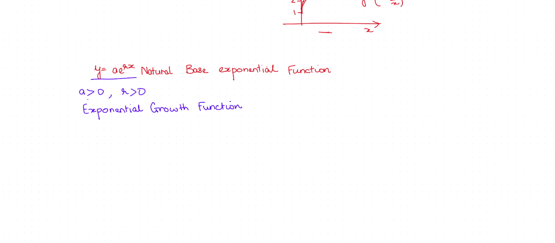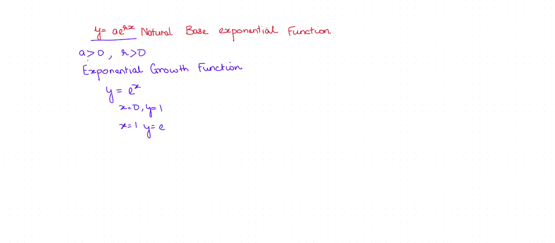Suppose we take a function where a is equal to 1 and r is equal to 1, then it becomes y equals e^x. When x is 0, y is 1, and if x is 1, then y is e. If we further plot the points, we'll see that as x increases, y also increases exponentially.